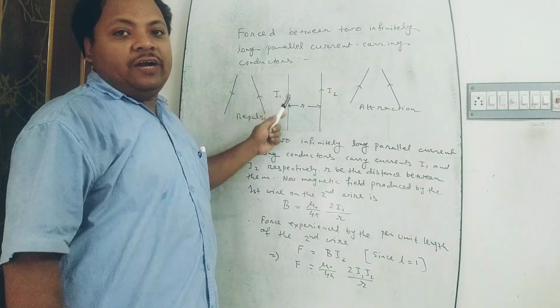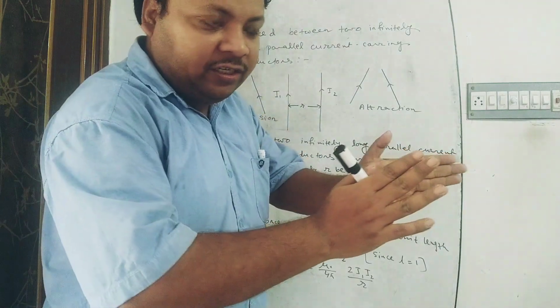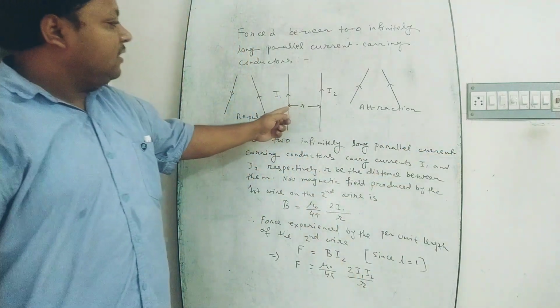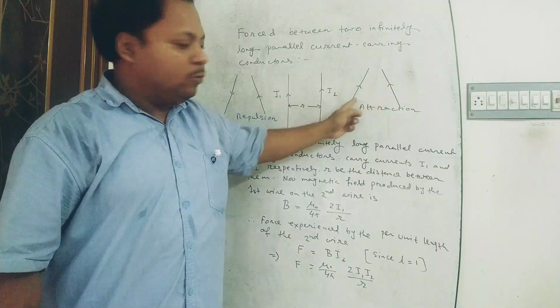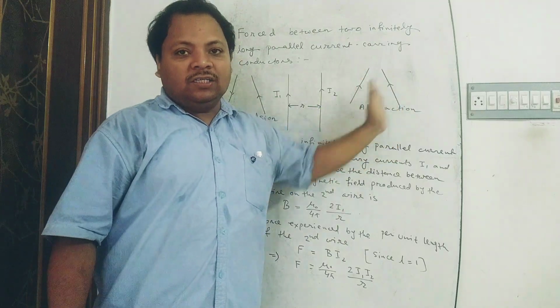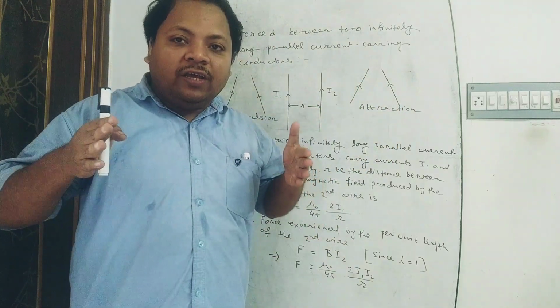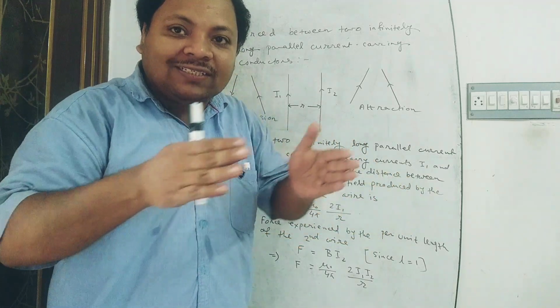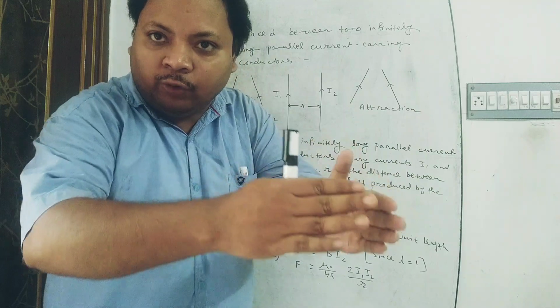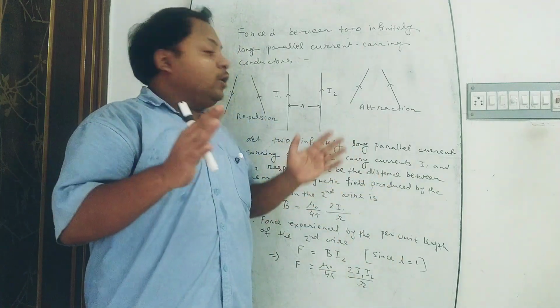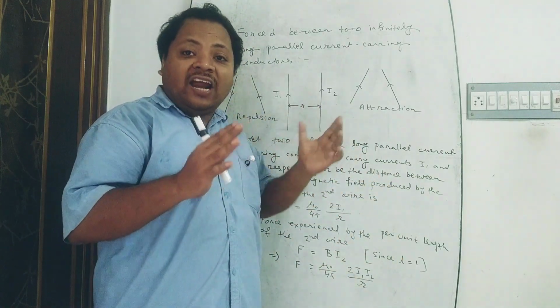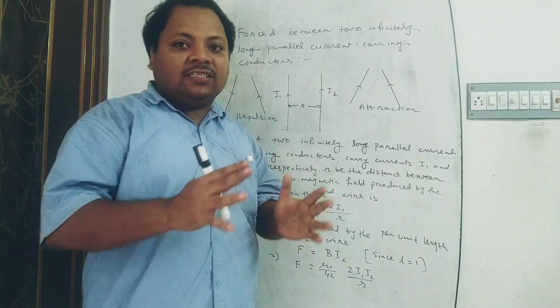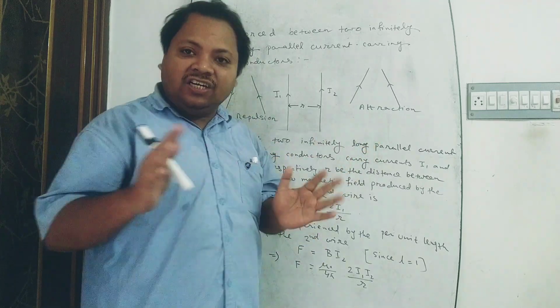When two currents are flowing in the same direction, that is, flowing towards the same point, these two wires attract each other. That is, the force is attractive in nature.